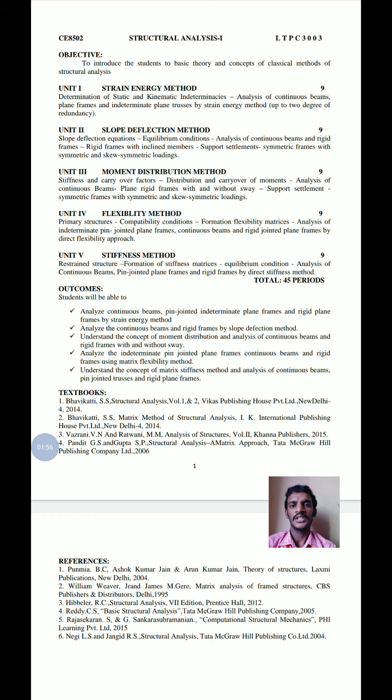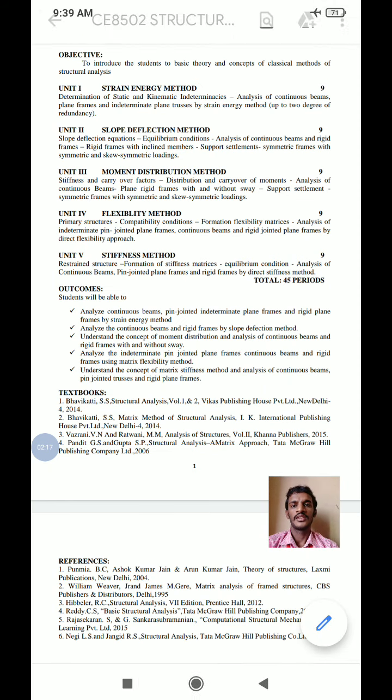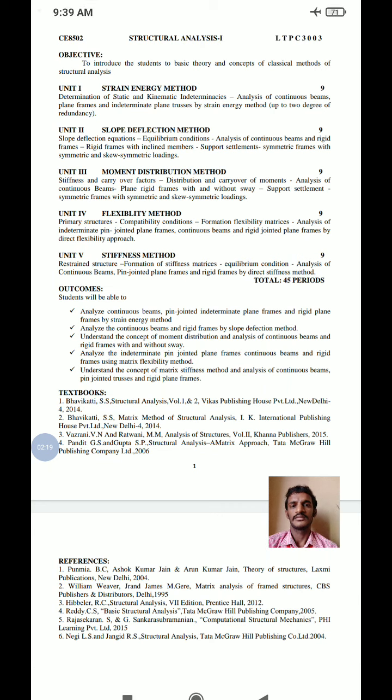In Strength of Materials, we discuss mostly strain energy, volume strain, stress, and strain. In that method, we discuss Castigliano's first theorem and second theorem. Based on that, the strain energy method calculation is used to find the bending moment diagrams.